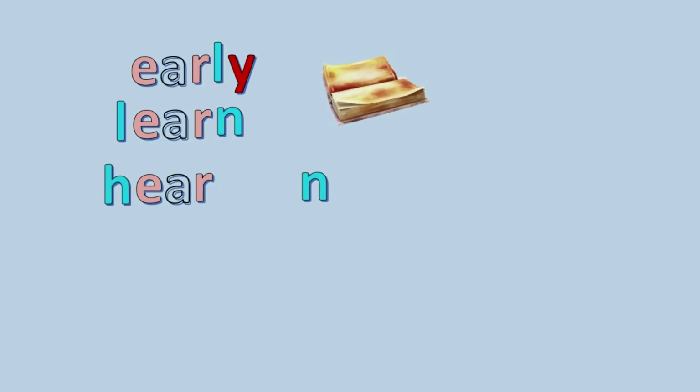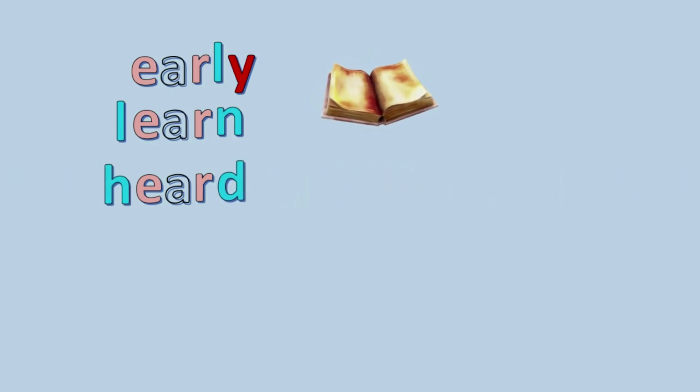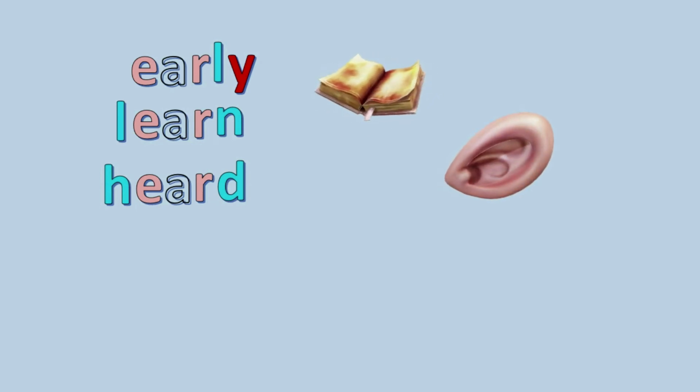Now let's put an L at the front and switch the L and the Y for an N. The sounds now are n, and the word is learn. Switch the L for an H and switch the N for a D. The sounds now are herd, and the word is heard.